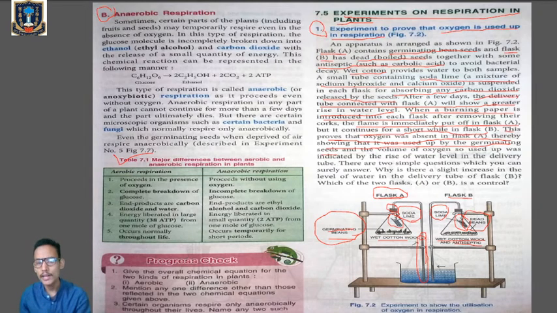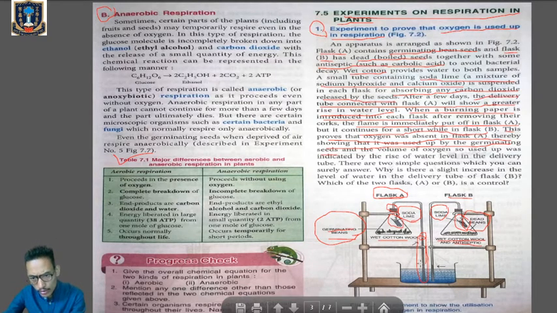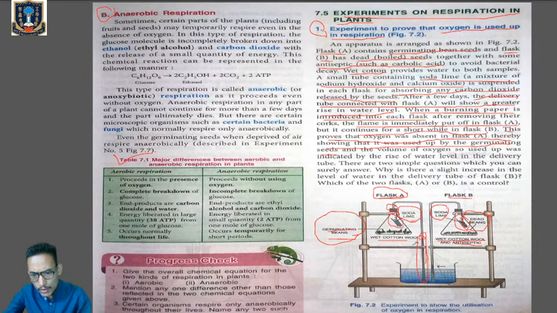So this proves that oxygen is used up in respiration. Clear? And at the same time, we can also observe the rise in the level of water in the delivery tube, because there will be a rise in the water level in the delivery tube connected to flask A, greater than that of the delivery tube connected with flask B. Clear? This is very important.